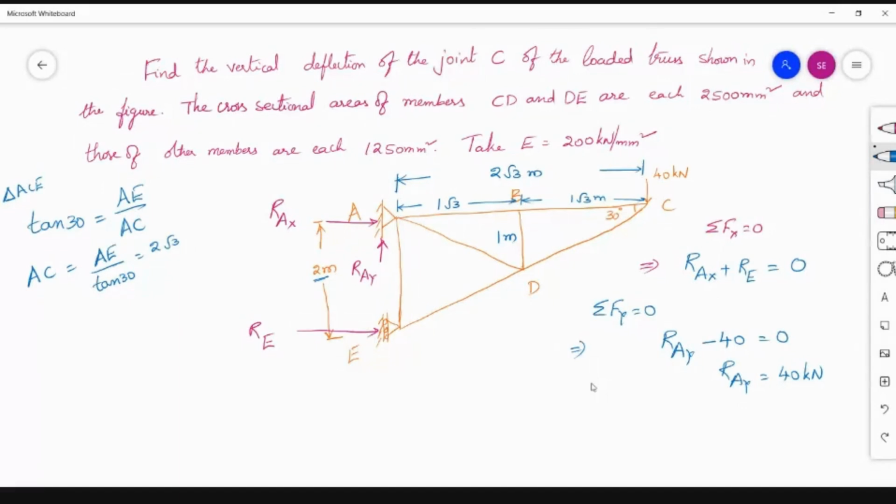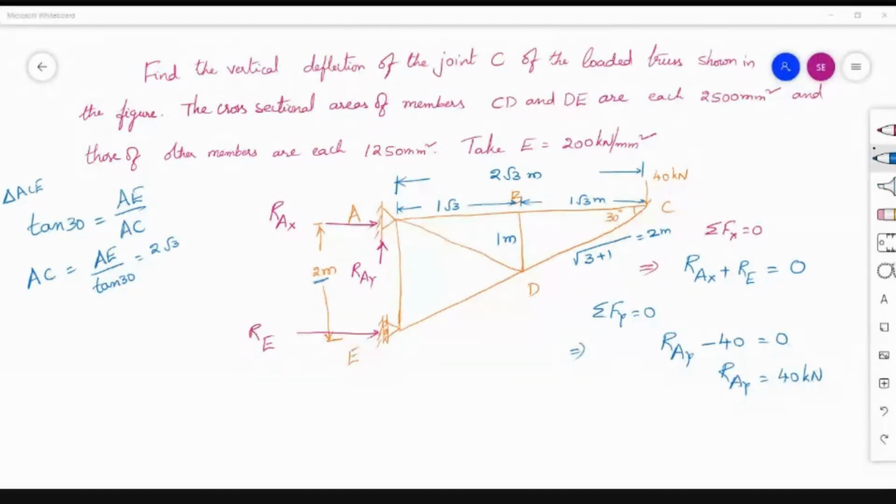Now can you tell me what is this distance? This is root 3, this is 1. So root 3 squared is 3, plus 1. It is looking like a triangle. Or you can also take sine 30, which is 1 by 2, so this will become 2 meters.